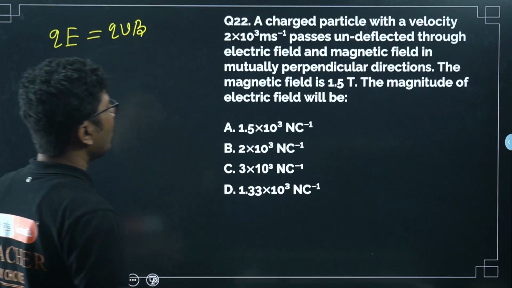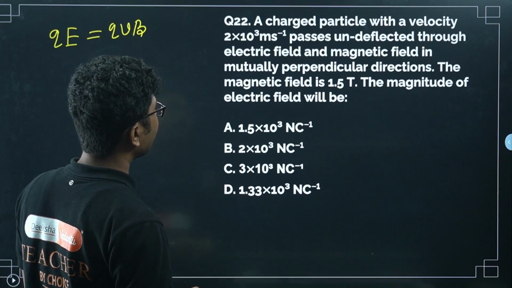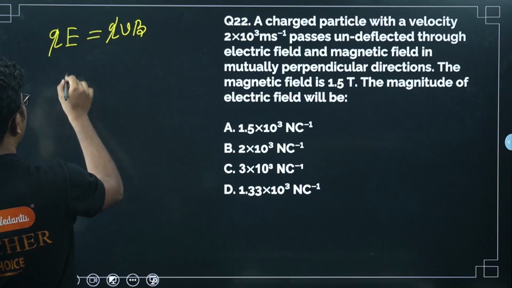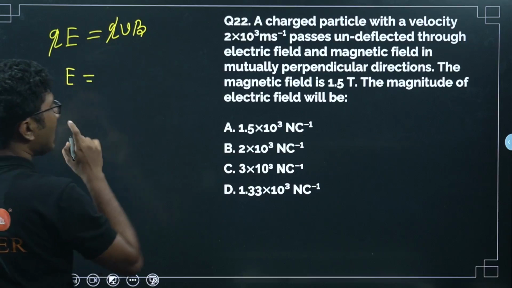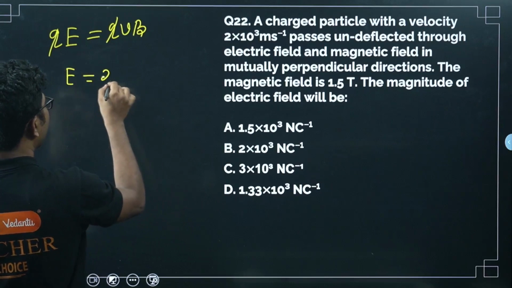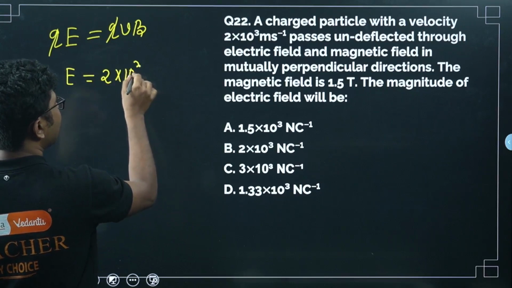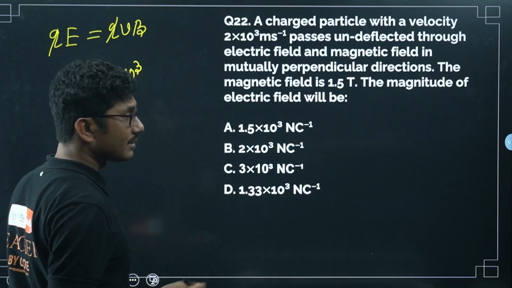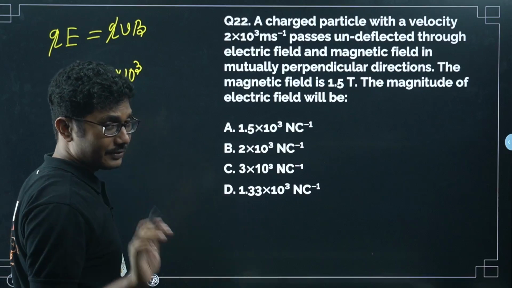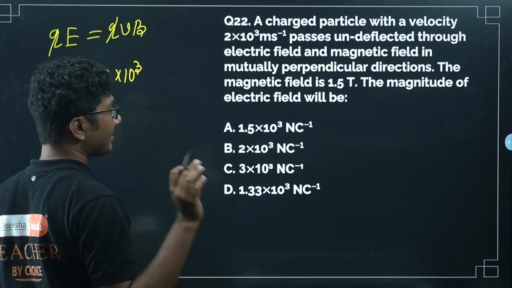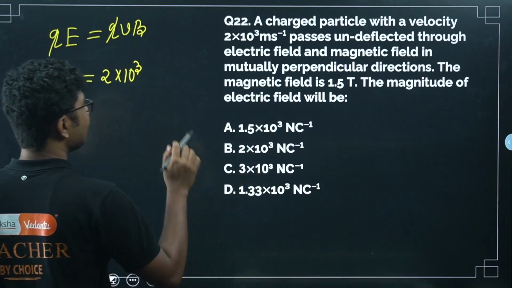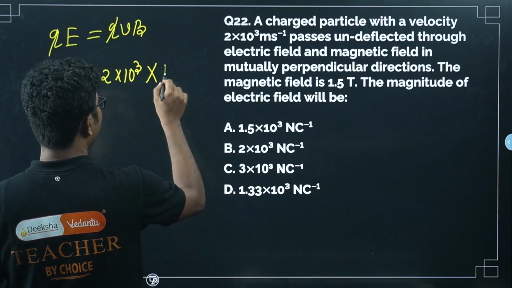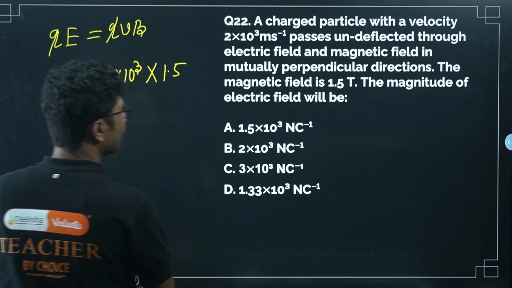Okay, now what is given? q should cancel. Obviously they have asked you to find the electric field, and V is given as 2 times 10 to the power of 3 meter per second, passing undeflected through an electric field and magnetic field that are mutually perpendicular. If electric and magnetic field are in mutually perpendicular directions, then this is the condition, only then can it happen, and the magnetic field is given as 1.5.